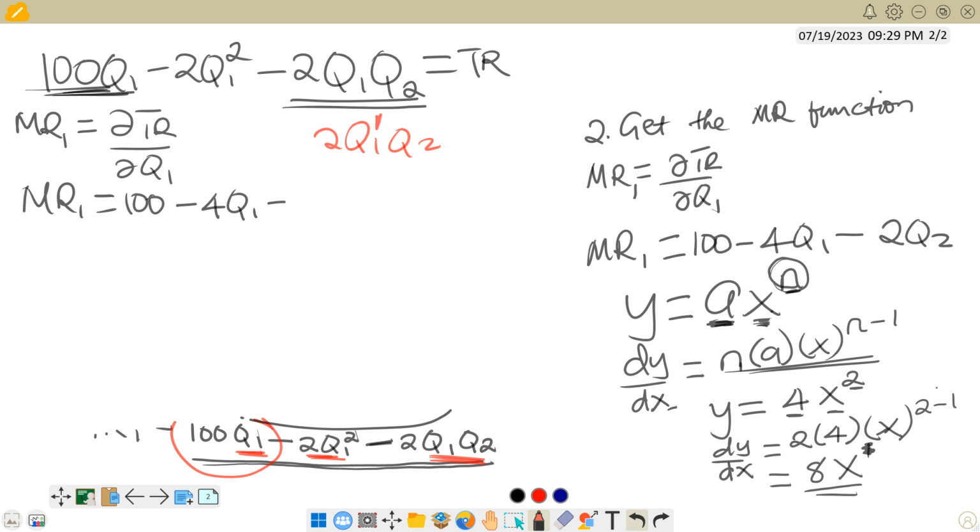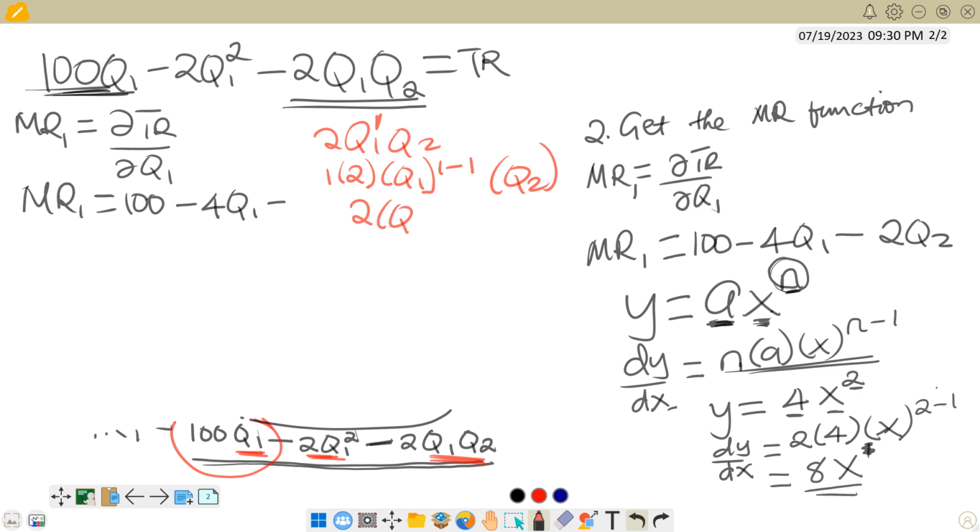In this case the power is just the 1. So that 1 will drop, we're going to multiply with a 2. We're going to multiply q1, but remember we're differentiating with respect to q1. So from the power of q1, we're going to remove a 1, and then put back our q2 like that. So this will be 1 times 2, 2.